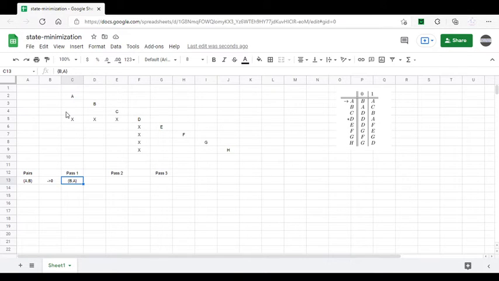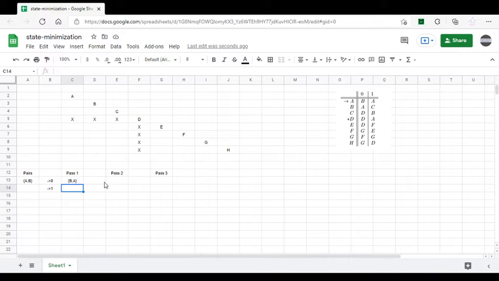Now we look at BA. BA is here. This is not checked, so we can't check here. Now I'm at the same state and I read a 1. Now remember, you've got to check each one. If you have 0, 1, 2, then you also have to look at 2 if you don't make a change. If you make a change, you mark it; if you don't, we'll see as we go along.